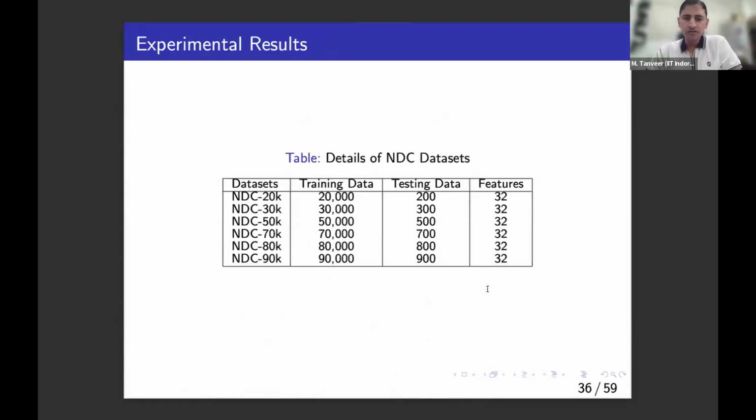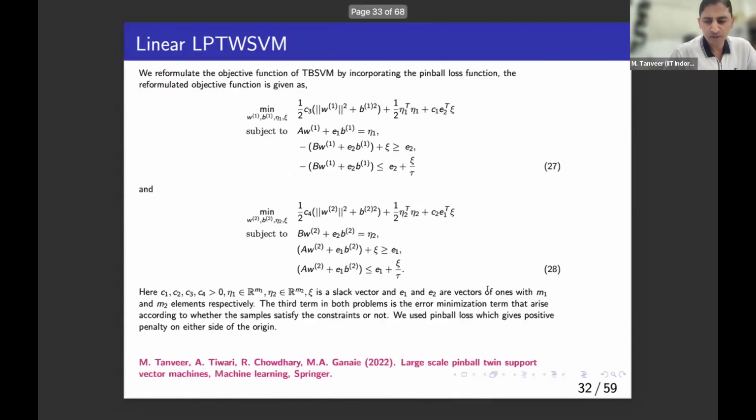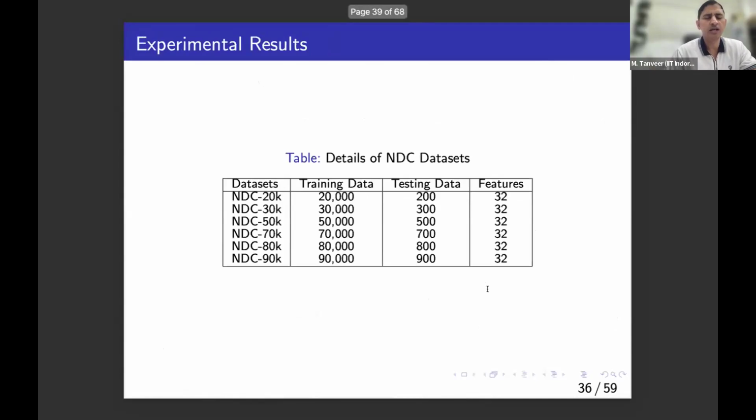Let me discuss a few numerical experiments that we have done in the literature, especially in this paper published in Machine Learning. Please see it for more details. I'll discuss only a few experiments.